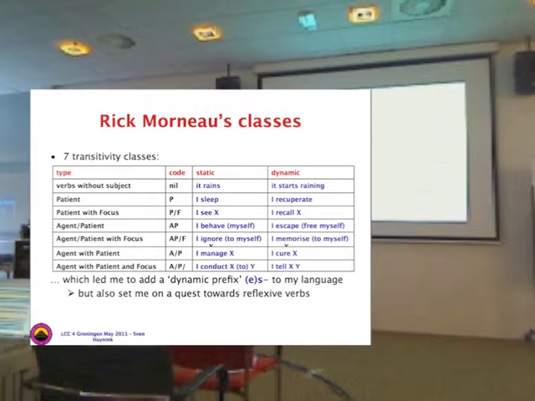Well, that suited me, so I spent some years wrestling with his setup, which had a static and a dynamic version of each verb. So you have I know, which is static, and I begin to know, I learn, which is dynamic. So from each static verb, you could make a dynamic verb.